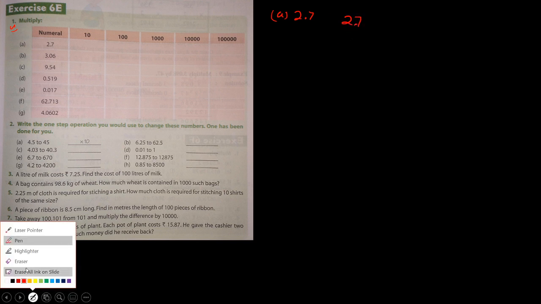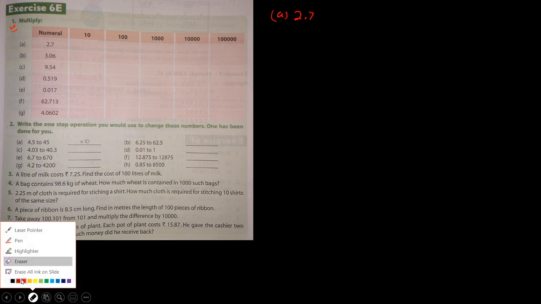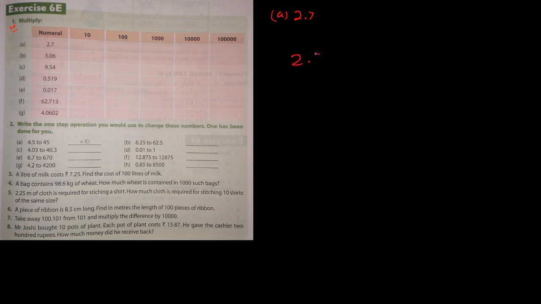So the first number is 2.7. What will happen if you multiply 2.7 by 10? Look at this very carefully.